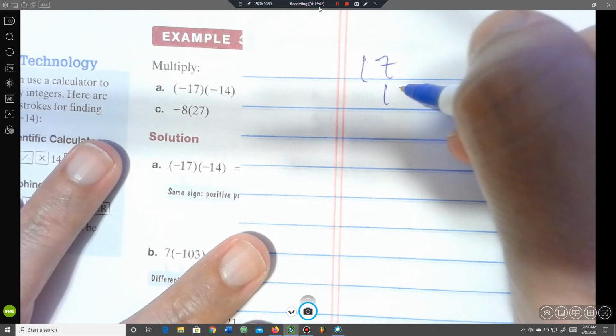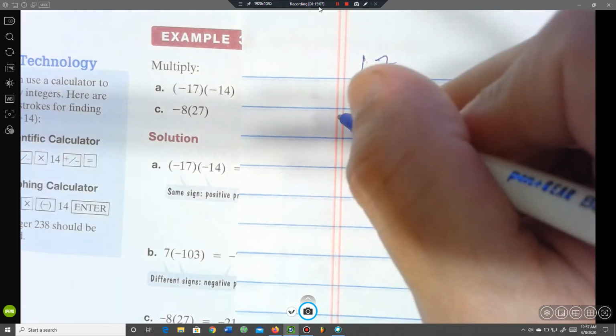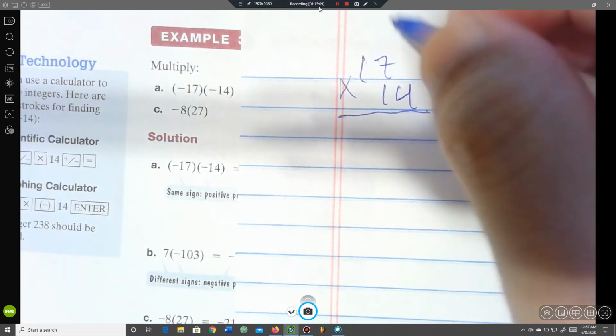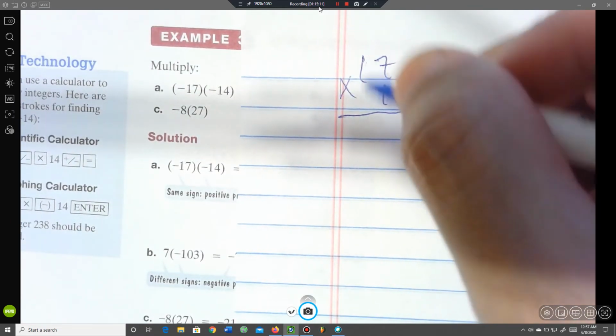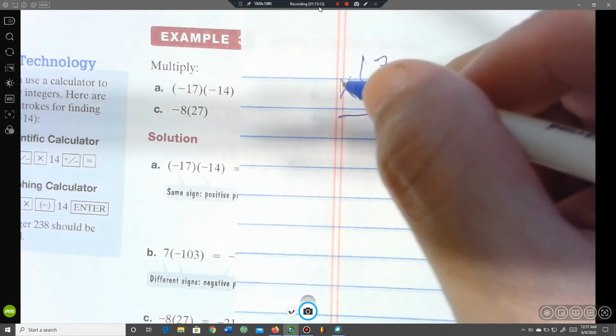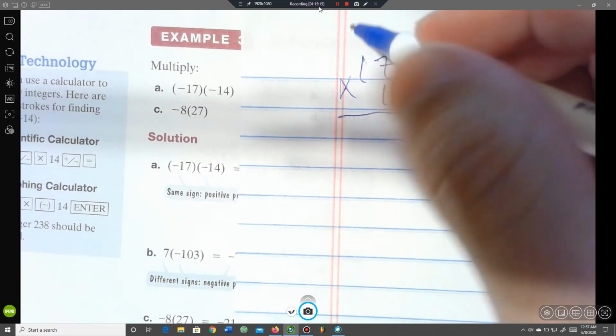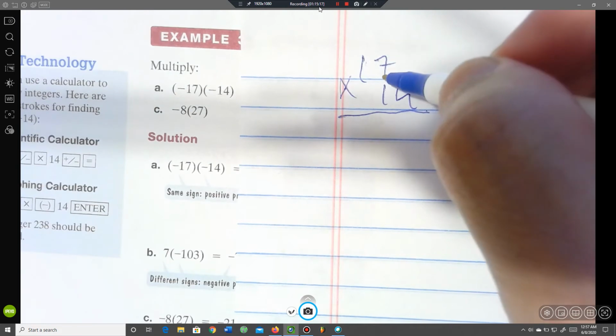Oh, and my screen froze. I see. And there it is. That's multiplication, because placement doesn't matter. It did matter with addition and subtraction, but not here.